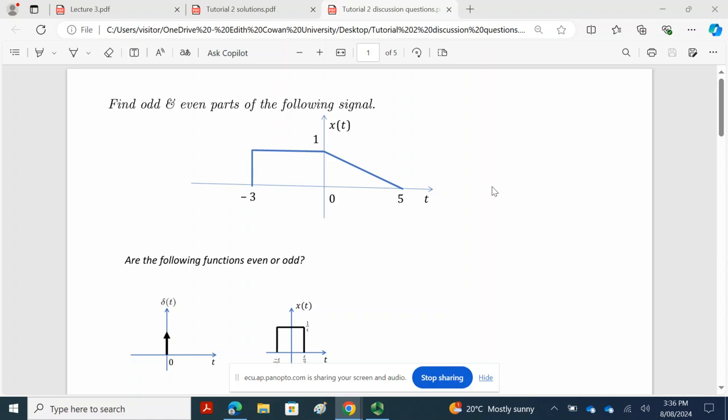It's about odd and even signals. If you remember, towards the end of last week, we talked about these two signals, odd and even signals. We said an even signal is symmetrical about the y-axis, while the odd signal is symmetrical about the origin.